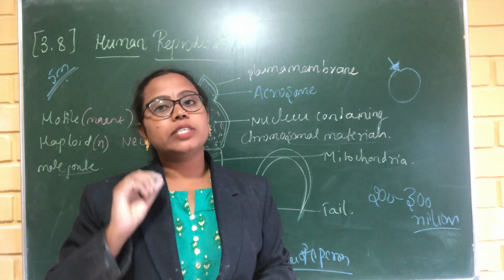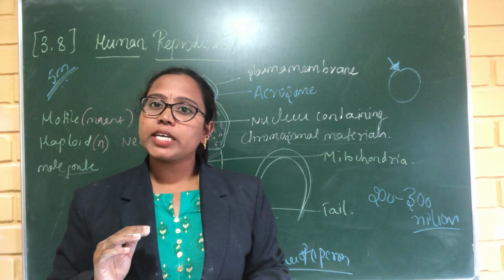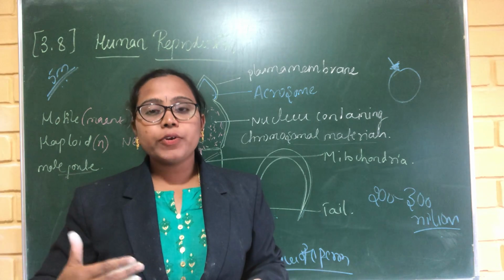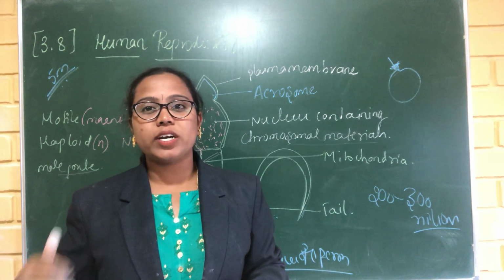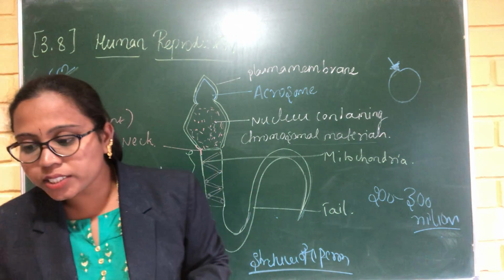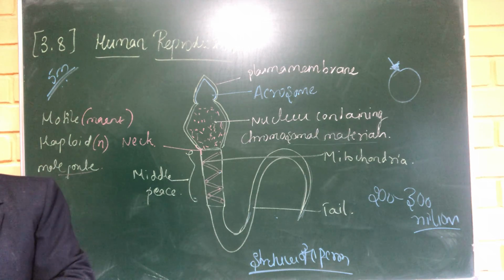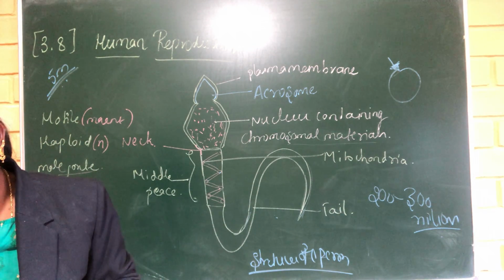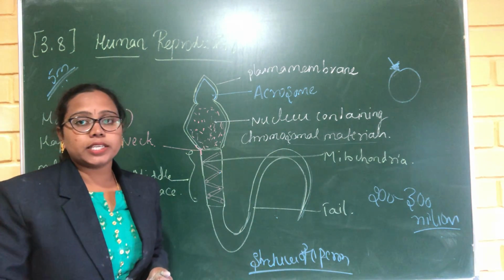What is oogenesis? The process of formation of the ovum or egg in the follicle inside the ovary is called oogenesis. In the testes, spermatogenesis takes place; in the ovary, the female gamete is produced, and this process is called oogenesis.